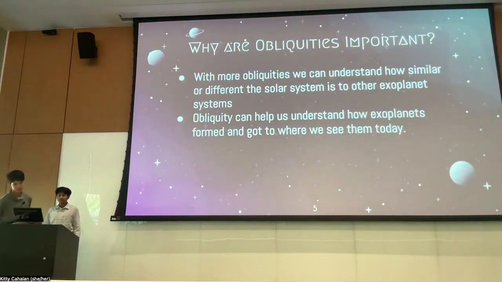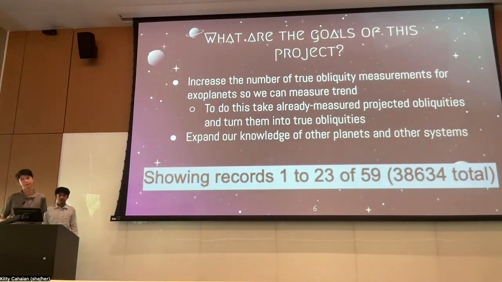Yeah. So building off of that, why are obliquities important? Like Sharia just said, they can really help us learn more about the formation of these systems. For example, for the planet that I showed earlier, the true obliquity can really help us understand how it may have gotten there and understand more about every other exoplanet system. And that leads into the goals of this project.